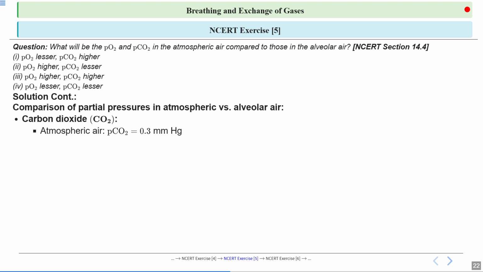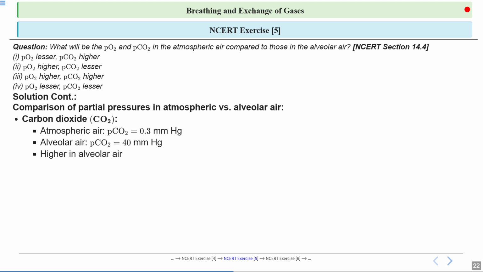You can see it is 0.3 mmHg. This is the partial pressure of carbon dioxide in the atmospheric air. And inside the alveoli, see the partial pressure of carbon dioxide. It is quite high, right? 40 mmHg. So what will happen?